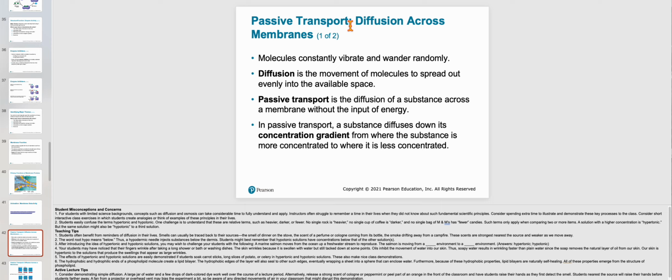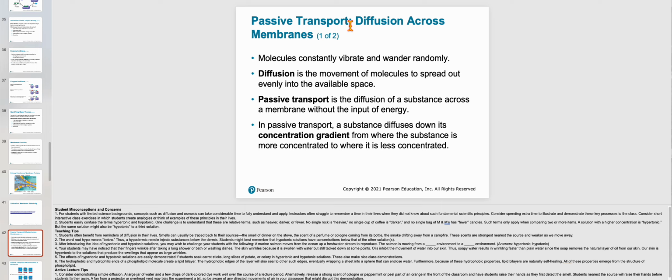Passive means it does not require ATP. The notes I'm giving right now are critical for understanding the upcoming pictures. The second thing, passive means it's going down the concentration gradient.